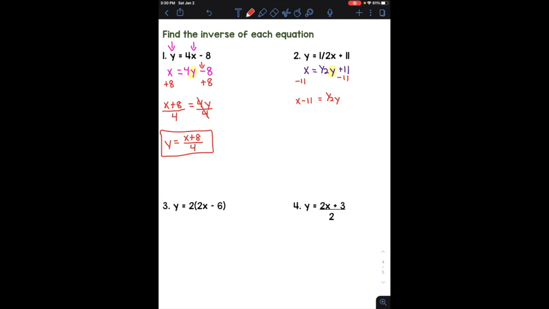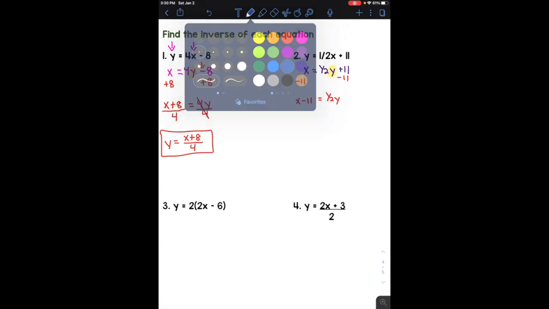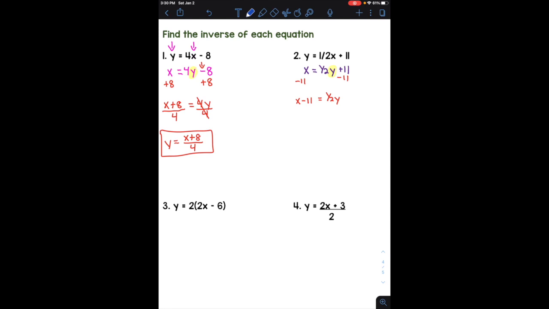And now let's think about how we should get rid of the 1/2. 1/2 is being multiplied to y. So we're going to do the opposite and divide 1/2 on both sides. How do you divide a fraction? We're going to multiply by the reciprocal. The reciprocal of 1/2 is 2, so we're actually going to multiply 2 on both sides of the equation. 1/2 times 2 is 1, so we'll just be left with y equals.